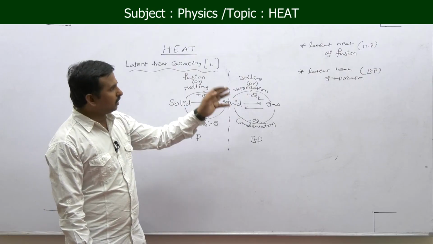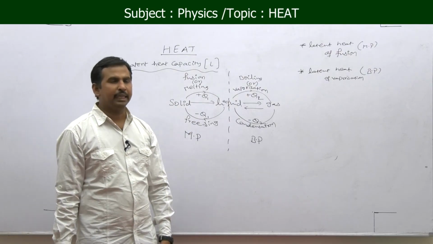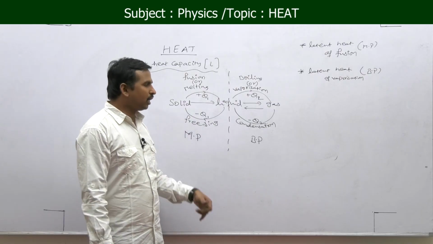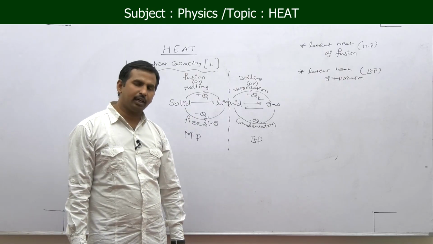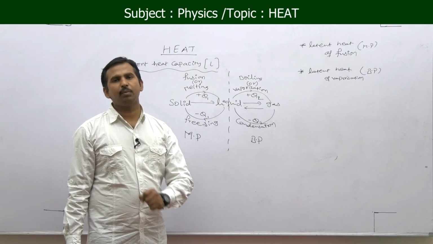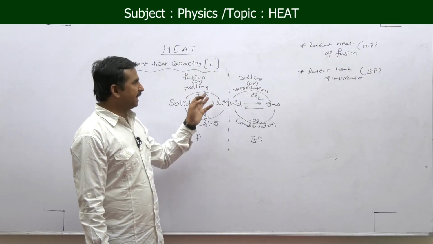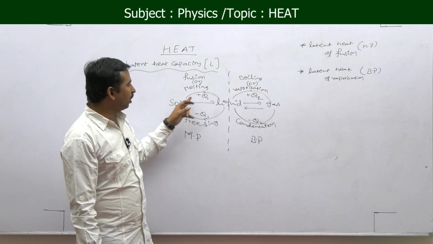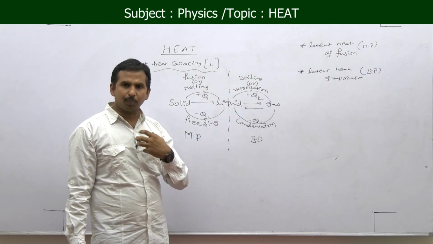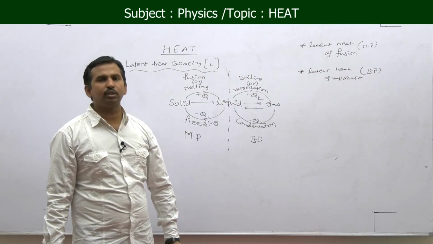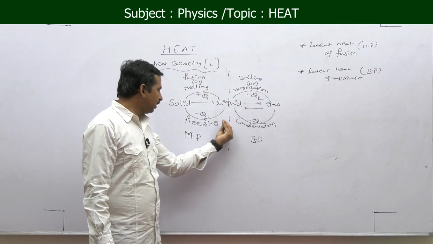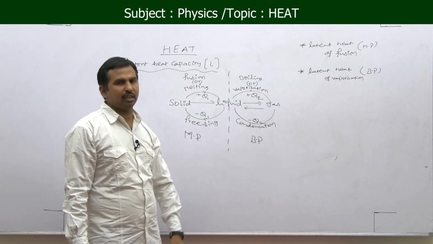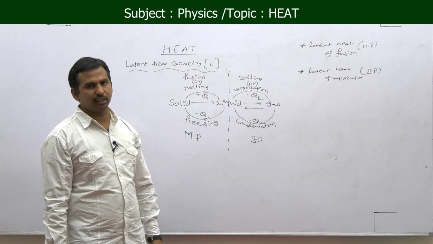Now, the definition of latent heat of fusion is the same as latent heat capacity: the amount of heat energy required by a unit mass of a substance to change its state, from solid to liquid. If the substance gives out heat energy, it converts from liquid to solid. That we call latent heat of fusion.